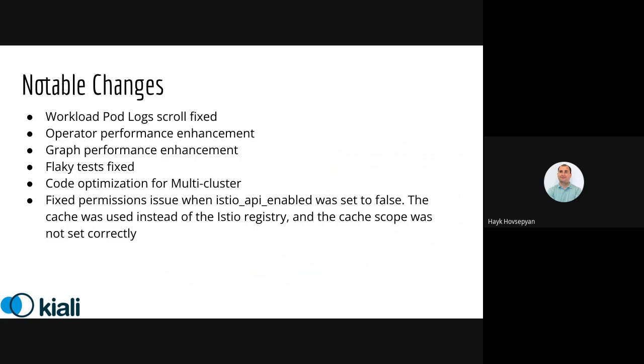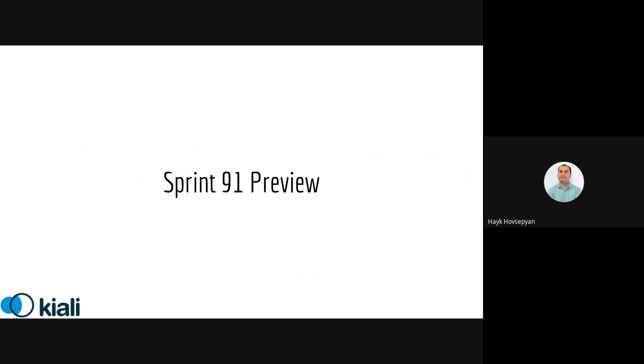We did some code optimization on multi-cluster support for Kiali. Also, there was a bug when the Istio API is not enabled for a remote cluster. We had a performance issue connecting to it. It's fixed now.